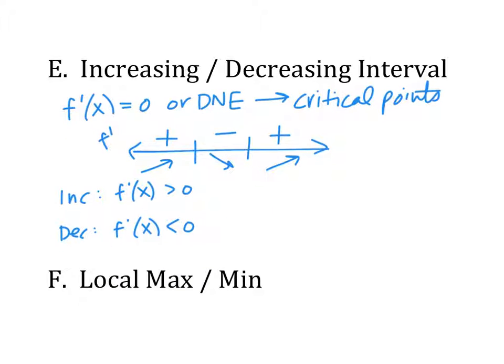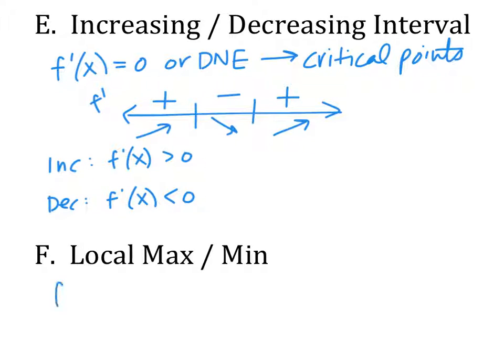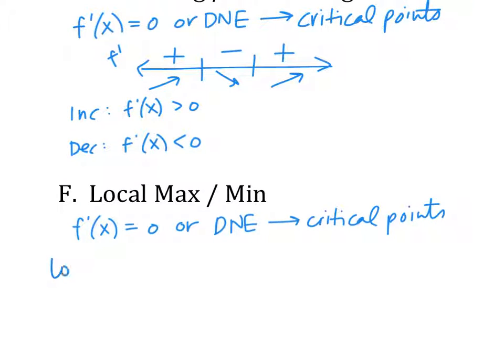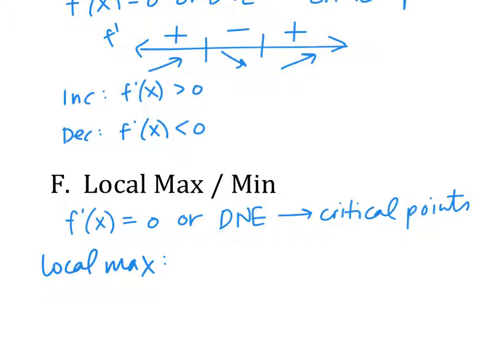Okay, next, local maximum. We want to make sure we can find the local maximum. Local maximum, again, has to do with f prime being 0 or does not exist, so check your critical points. How can you tell whether a critical point is a local max?